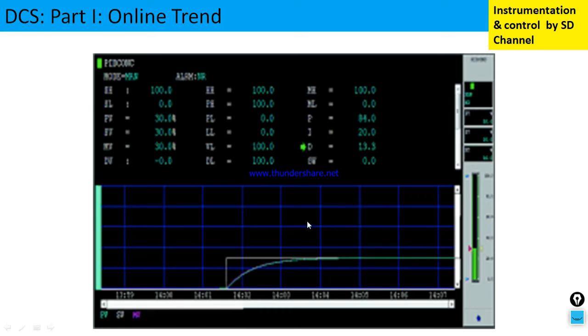So this way you can check the online trend also. Depending on your graph, you can improve the graphs also by changing this PID value. You can refer to my PID tutorial also for a detailed explanation on how to change the PID value, all those things.